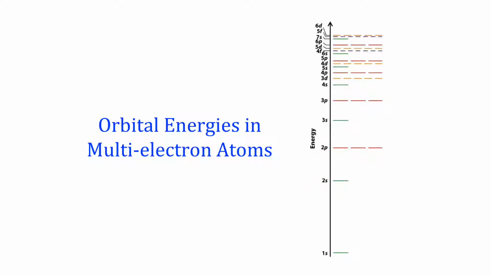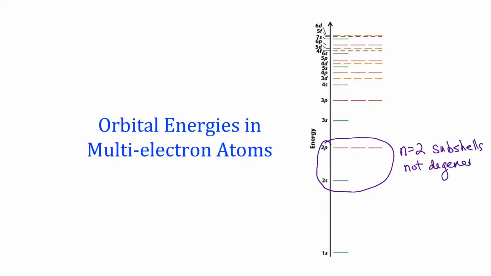You'll see here that our n = 2 subshells are not degenerate anymore, like they were for our one electron situation. Same for when we look at n = 3. Our 3s and our 3p orbitals we see are at different energies. Those energy levels start to split, to separate from one another.